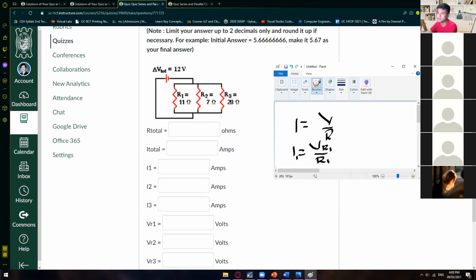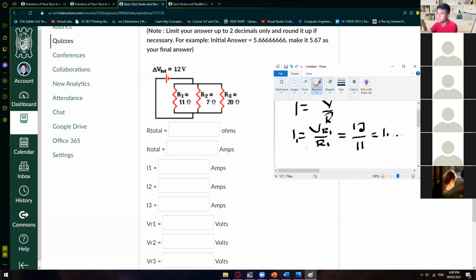As long as you know the value of your VR1, and since it's a parallel connection, whatever your total voltage is, that's already your VR1. So VR1 is equal to 12 divided by R1, which is 11. From there you already have 1 point something. So just keep on doing that.